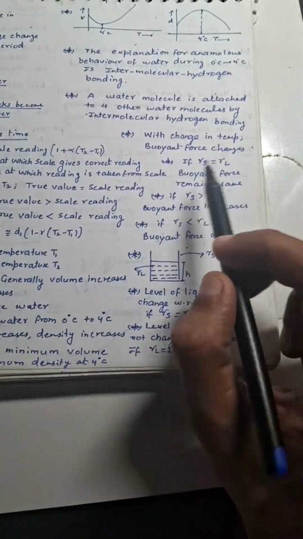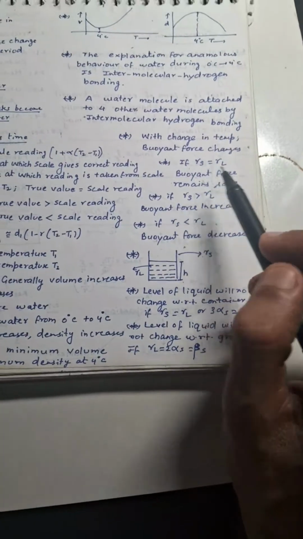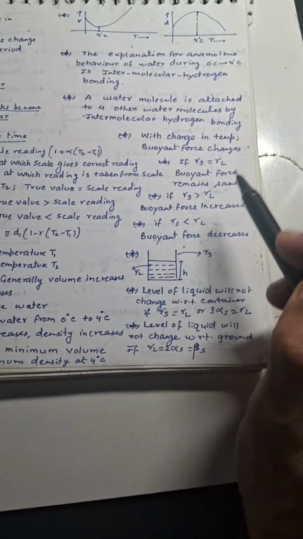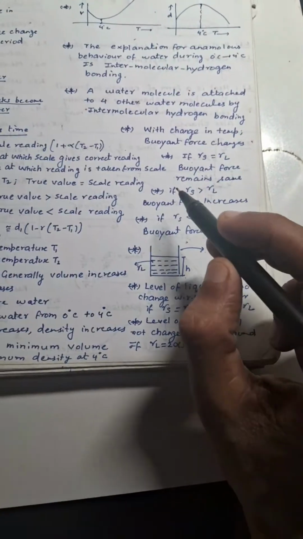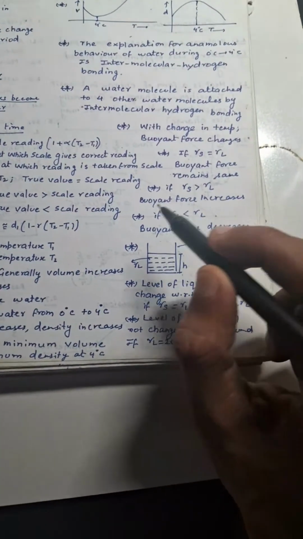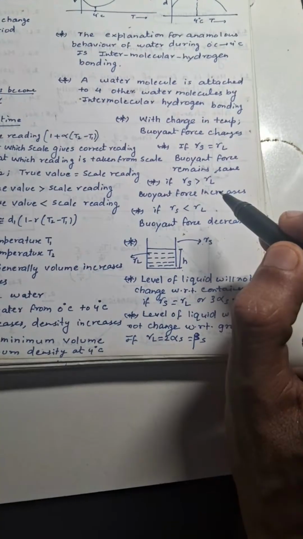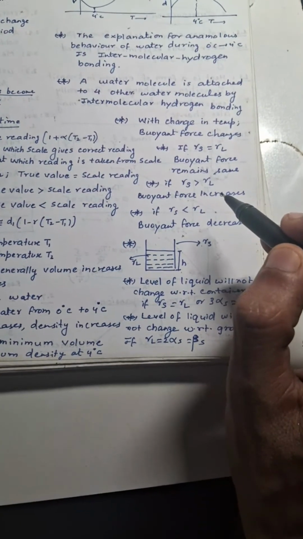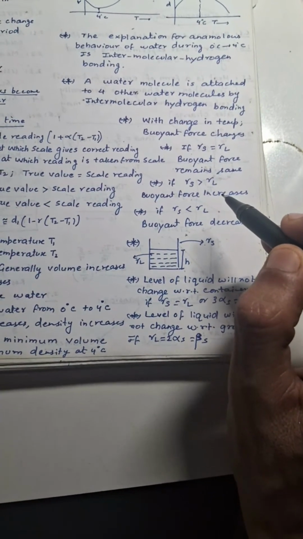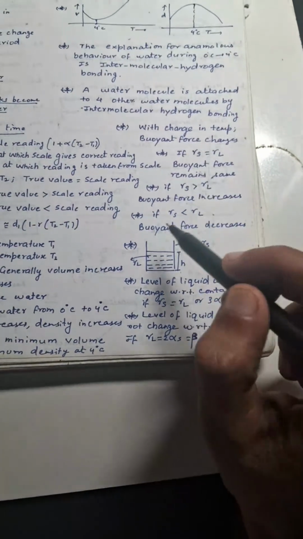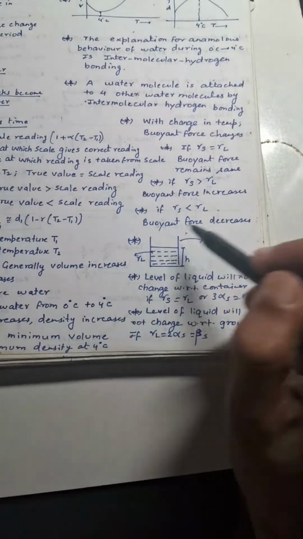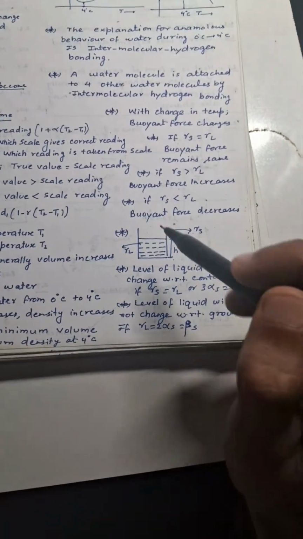So there is a variation of gamma solid and gamma liquid. If gammas are the same, bond force remains the same. If gamma solid is greater than gamma liquid, then bond force increases.